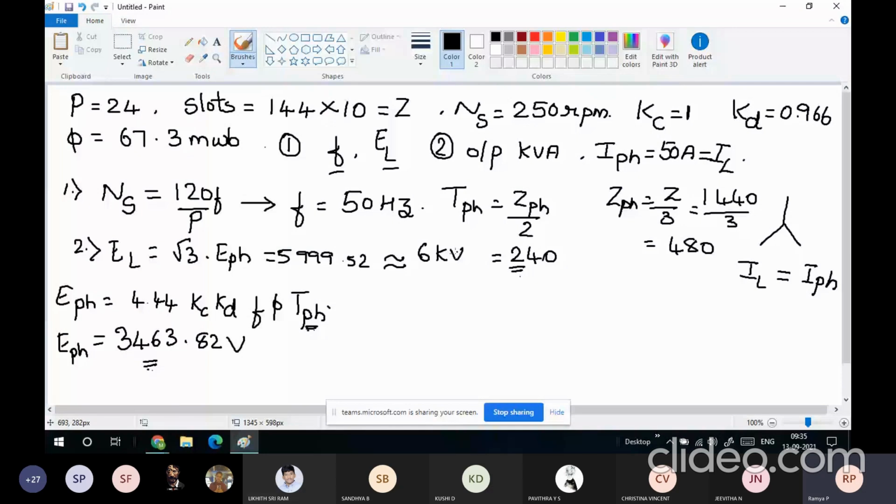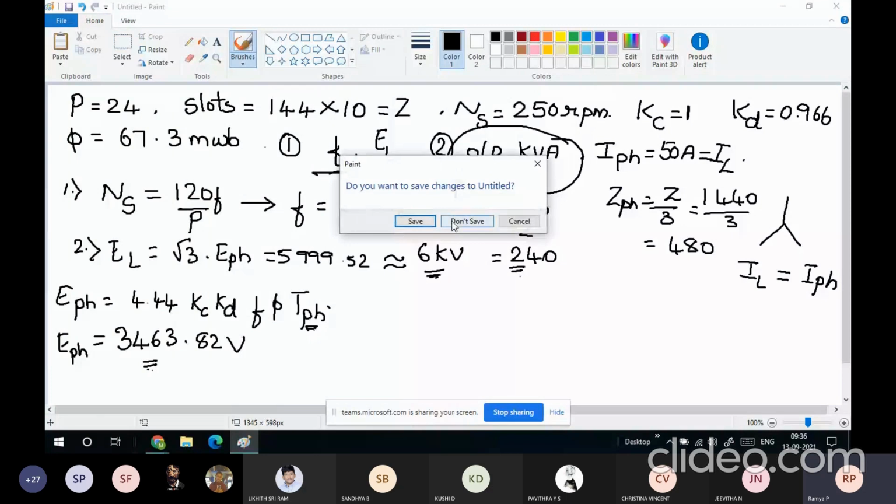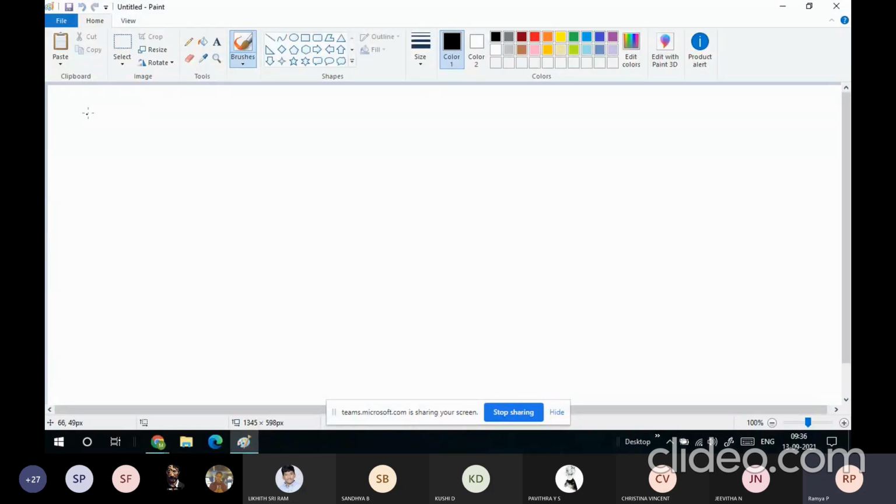Now, the first thing that you have calculated is frequency and the line voltage. What is the second thing you are supposed to calculate? I should calculate the output kVA. If I want to calculate the output kVA of a machine, that is the output power of a machine, what is the equation?